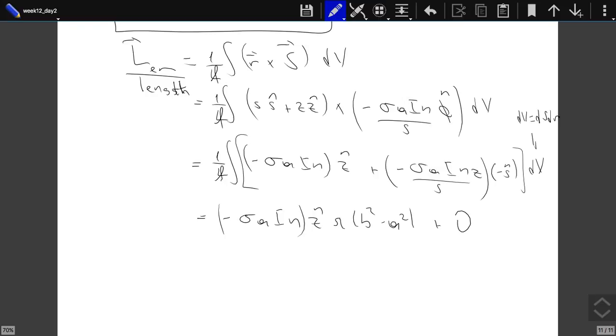Basically, the integral of S hat over the phi coordinate is 0. You see this dV. Now dV is equal to S ds dz times d phi. And the integral of S hat over phi is 0.